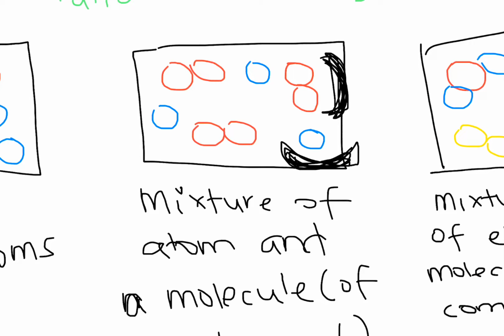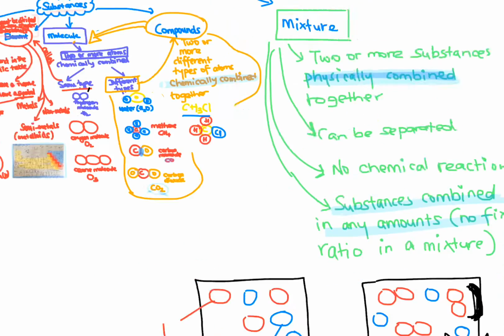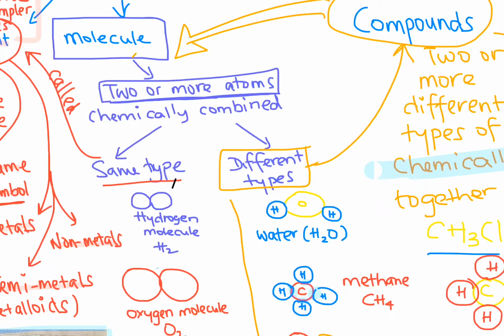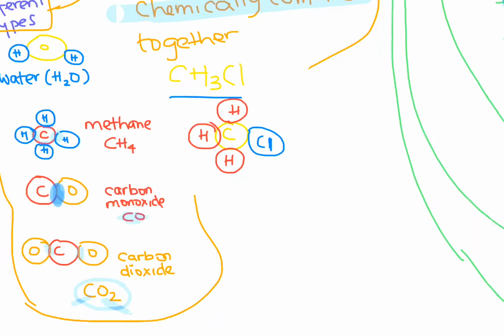This one here, you have a mixture of atoms and molecules. The blue one is an atom, so it's alone. And the red one here is a molecule, but it is a molecule of an element. A molecule is two or more atoms combined together, but since they are of the same type, it's a molecule of an element.